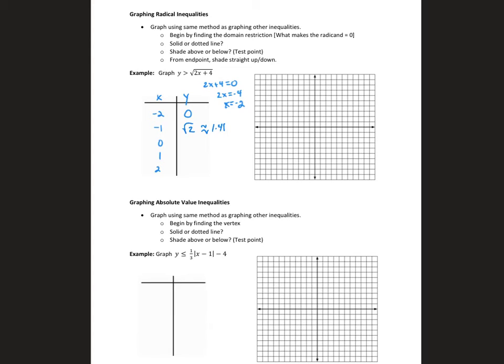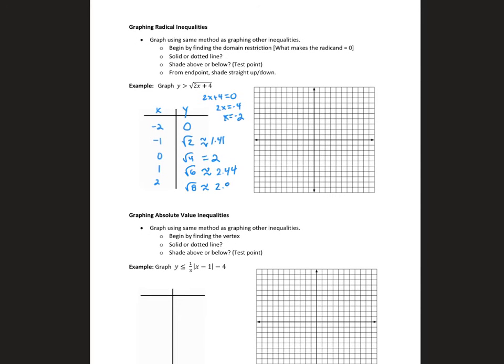Plug in 0. 2 times 0 is 0, plus 4 is 4. The square root of 4 is 2. Plug in 1. 2 times 1 is 2, plus 4 is 6. So the square root of 6, typing it into my calculator, I get 2.44. And then plug in 2. 2 times 2 is 4, plus 4 is 8. So the square root of 8 is approximately 2.82.